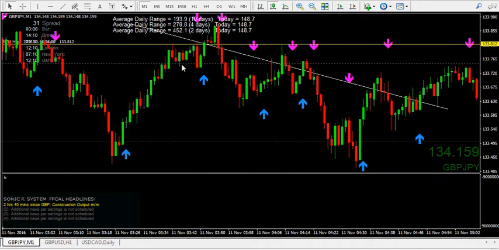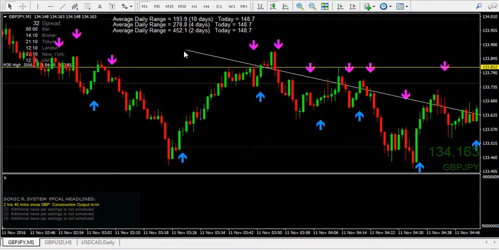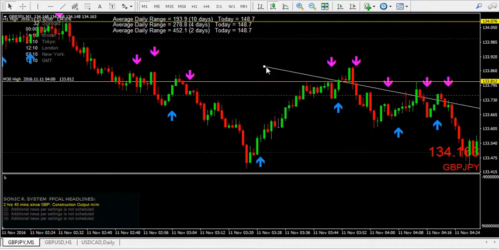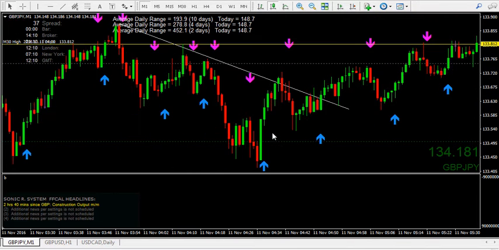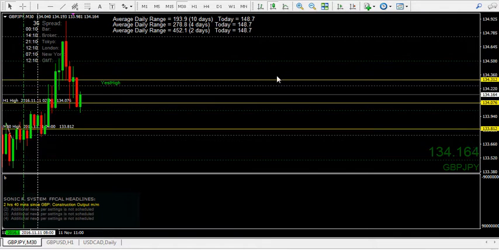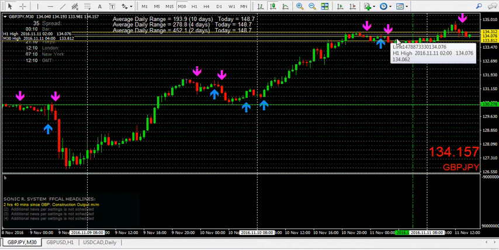There it is there. That would be the three descending candle highs there. From there down to something like that. Go back to the M30, and there's your three candles there.